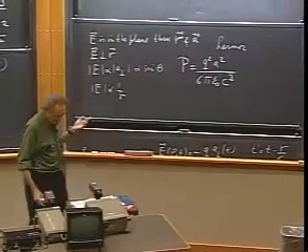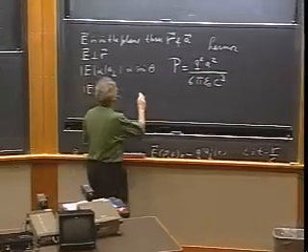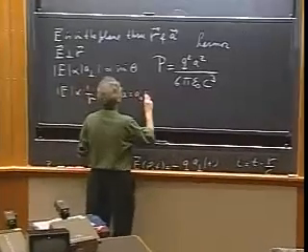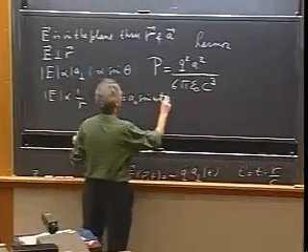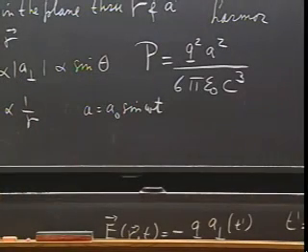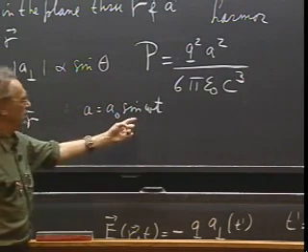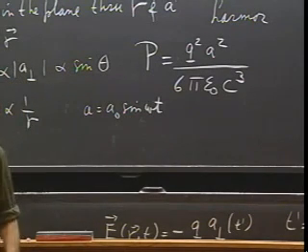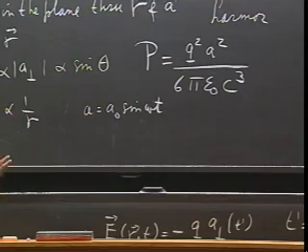Now, if A is oscillating, if A is A0 sine omega t or cosine omega t, then you can calculate what the mean value of the power is during one oscillation, and then the average value of the sine squared omega t becomes 1/2, of course.